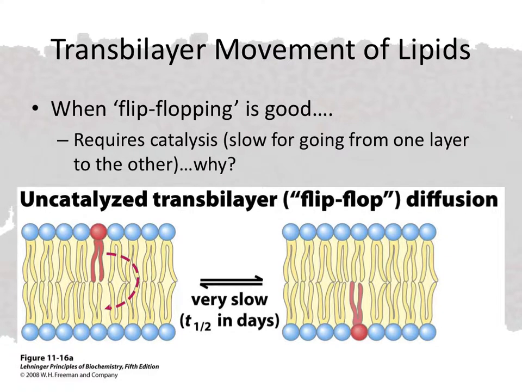If it's uncatalyzed, it takes a very long time. You would die, okay? It's just the amount of time span, because there are times you have to make sure you get lipids from one side to the other. So they have to be enzyme catalyzed.